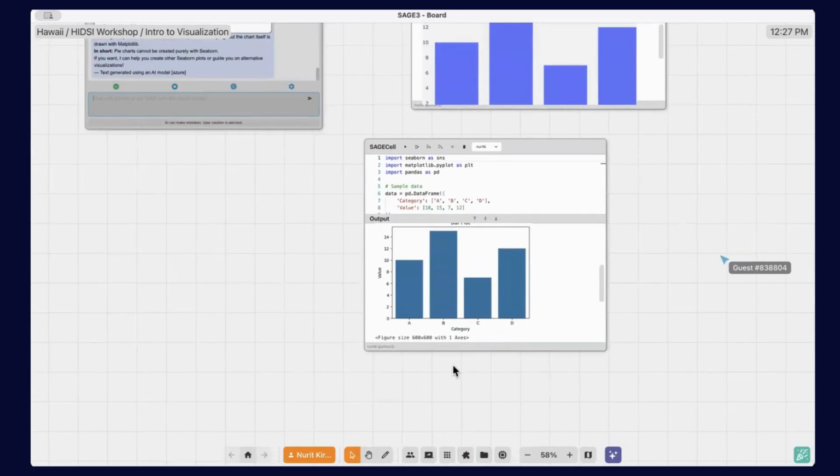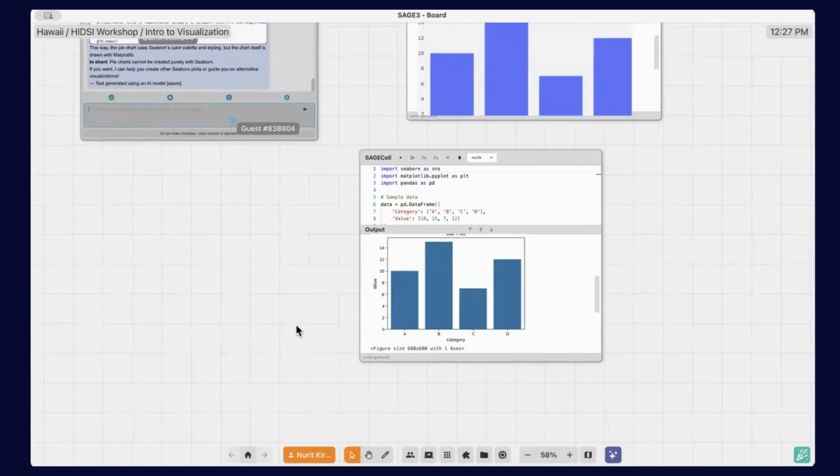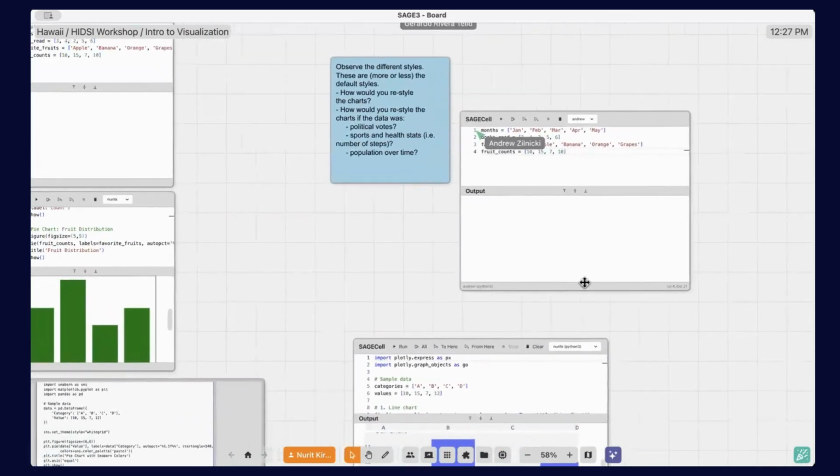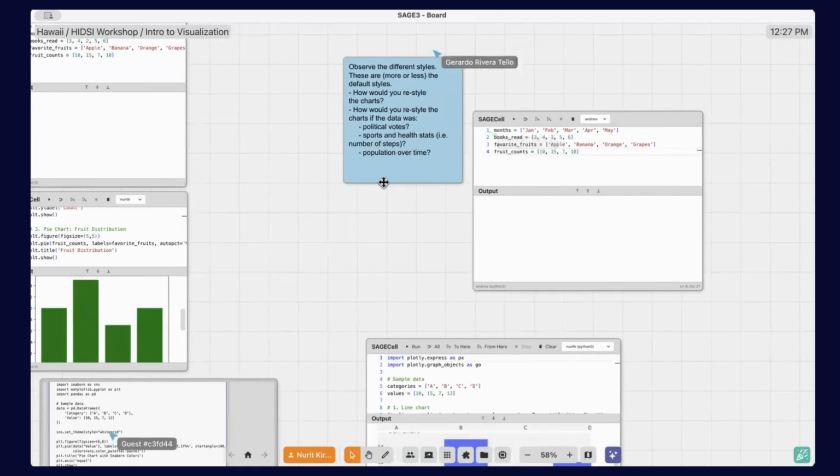How do I change the width or stuff like that? Just to play around and see if you understand the way to make these different design choices. And I also had a bunch of questions here if you guys want to think about them, and we'll talk about it in about 10 minutes, time permitting.